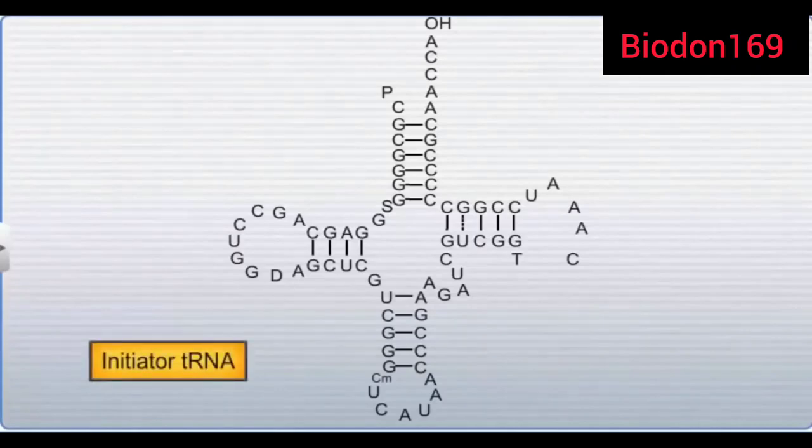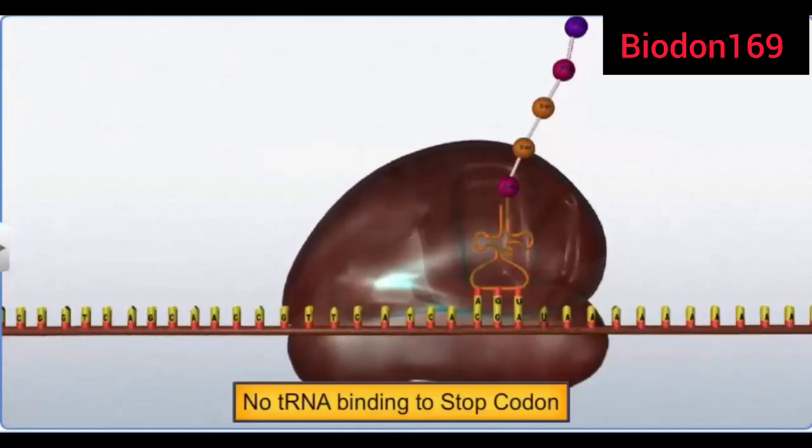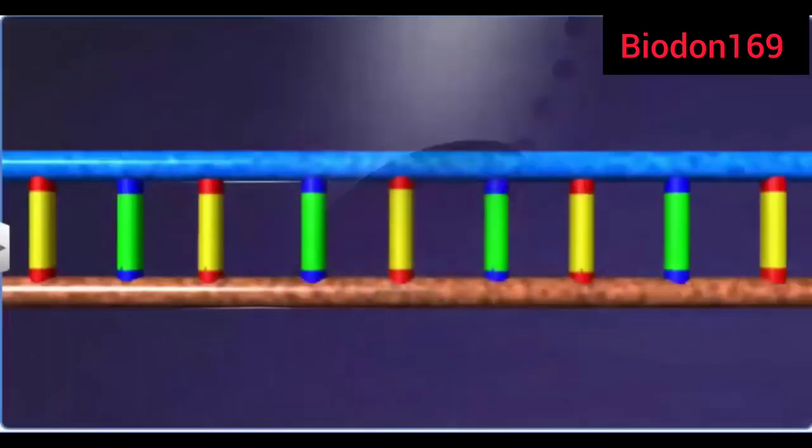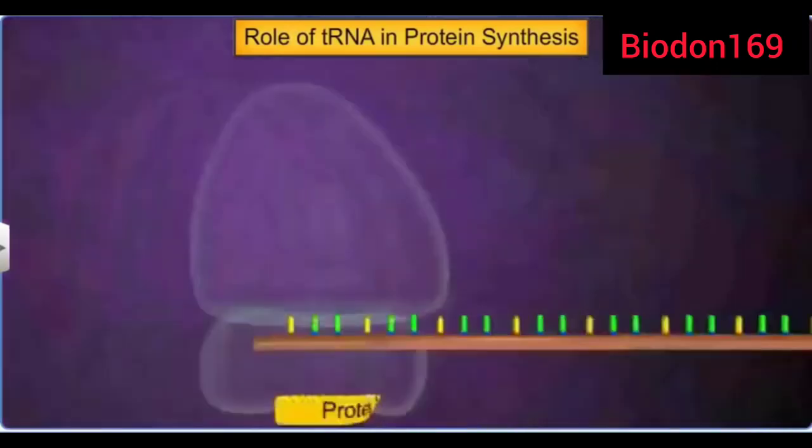However, there are no tRNAs for stop codons. tRNA is thus an important molecule, and it plays a vital role in protein synthesis by bringing amino acids to the mRNA template in the cytoplasm.